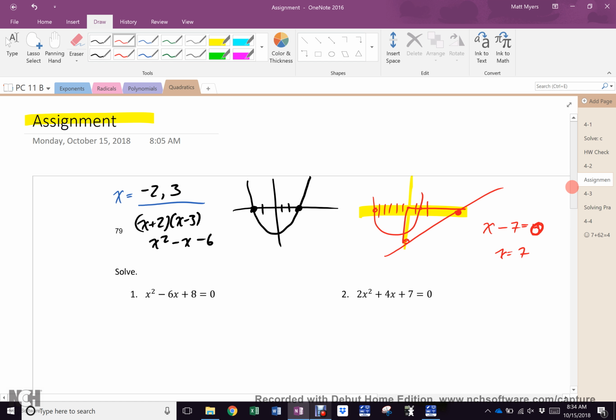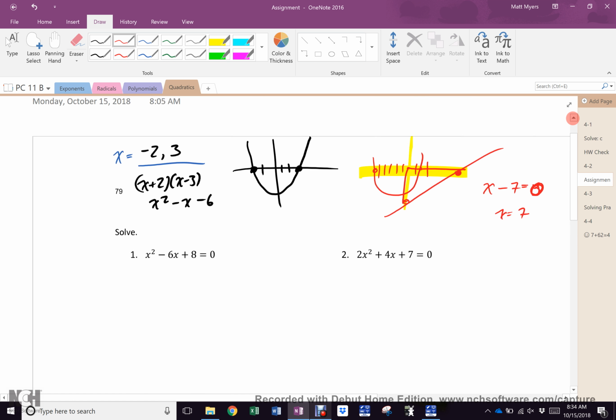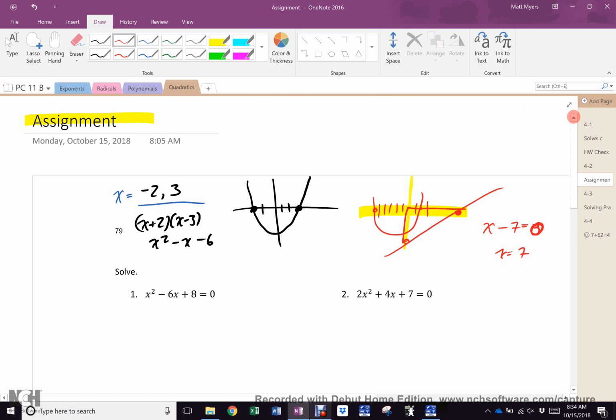Okay, so here's what I want you to do on this page. We're going to do the first one together. I want you to do all of these. Solve them any way you can. I will remind you the two ways you have to solve these are factoring, and right now you have complete the square. Unless, of course, you're from another country and then you are going to, whether it's easier or not, you are going to use the quadratic formula.